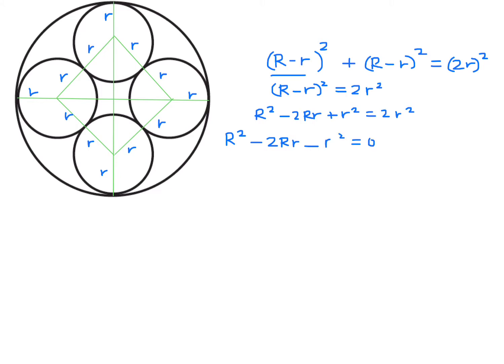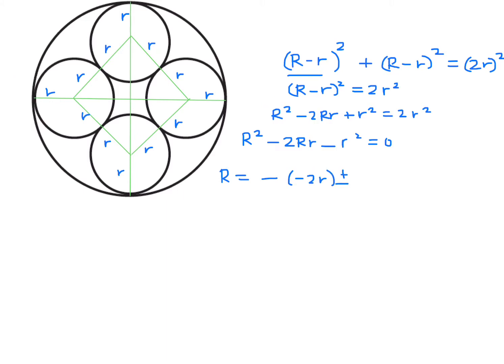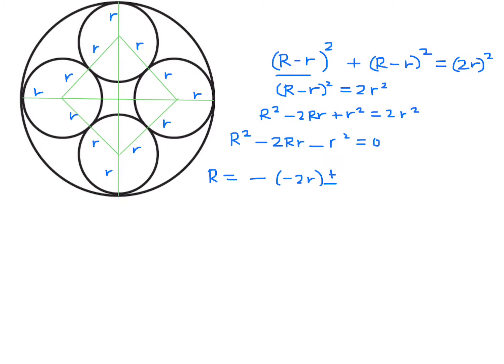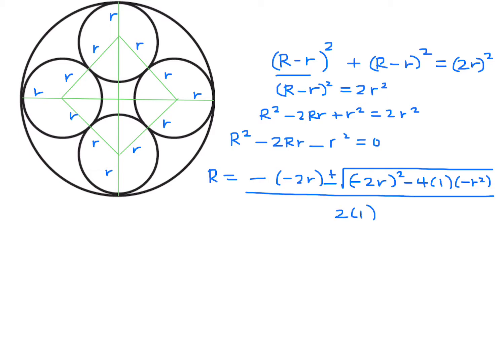And I don't think this factors nicely, so unfortunately I have to use the quadratic formula, but that's okay, shouldn't be too bad. Minus b plus or minus the square root of b squared, which is minus 2r squared, minus 4ac, under the square root sign, all over 2a.